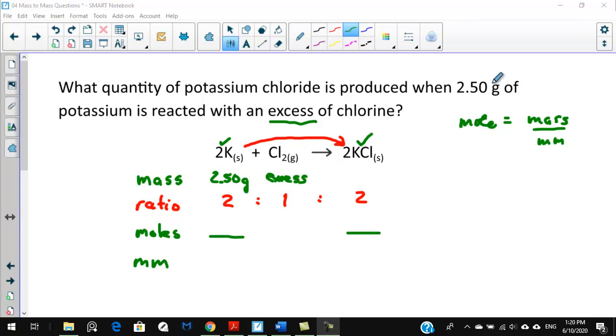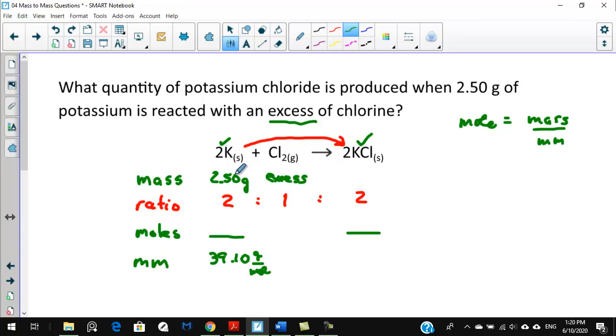So the mass of a potassium atom is 39.10 grams per mole. Now I know we don't have 1 mole, we have 2 moles, but we don't need to put that into the equation, into our math yet. What we're writing down here is just the molar mass of potassium.